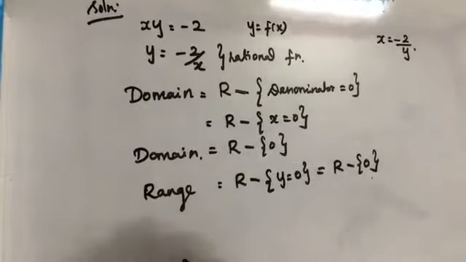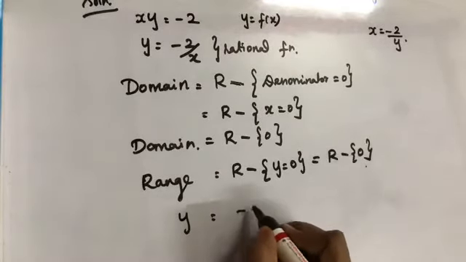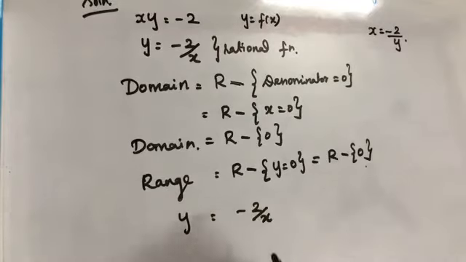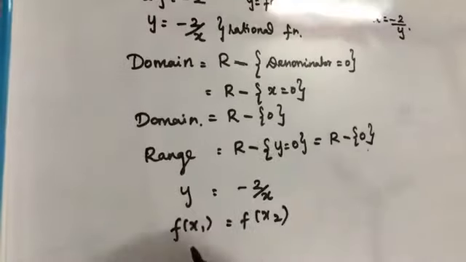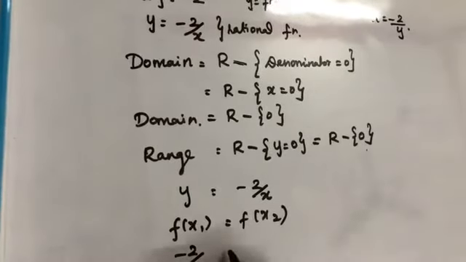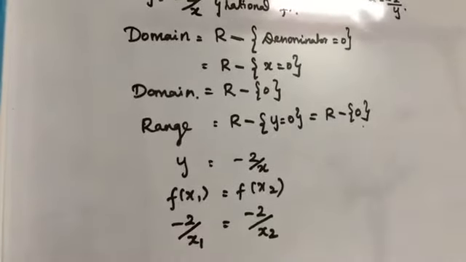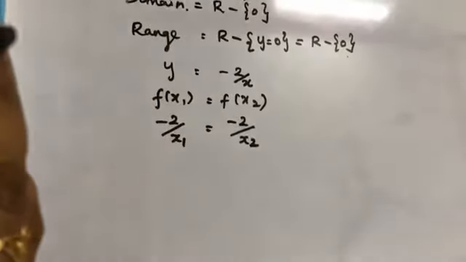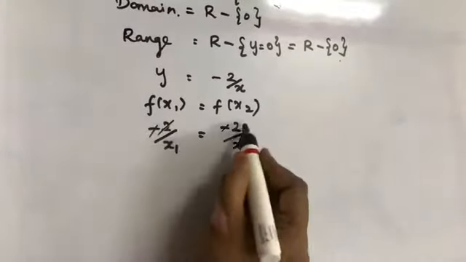Now y is equal to minus 2 by x, and y is f of x, right? So f of x1 is equal to f of x2. That is minus 2 by x1 is equal to minus 2 by x2. So we can cancel the negative signs and 2 as well.